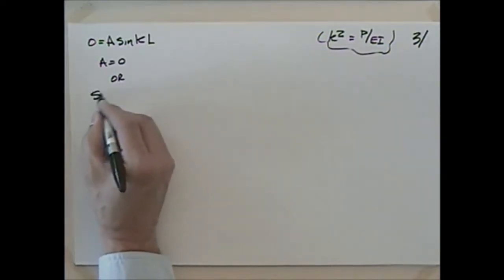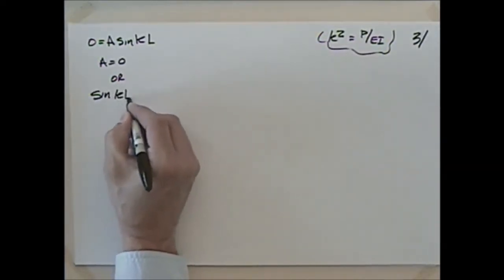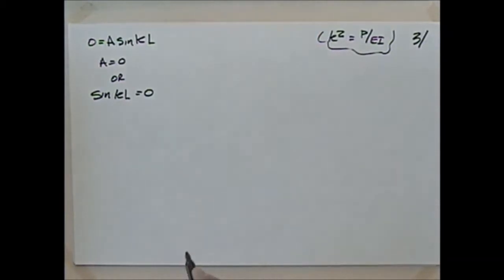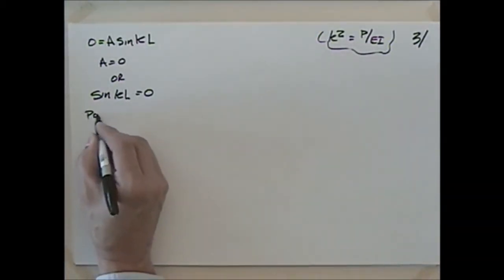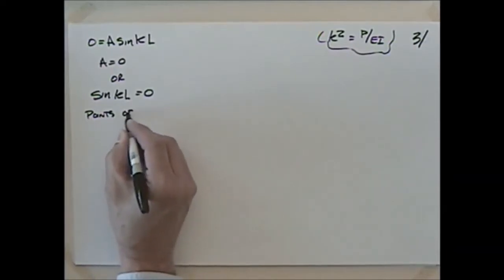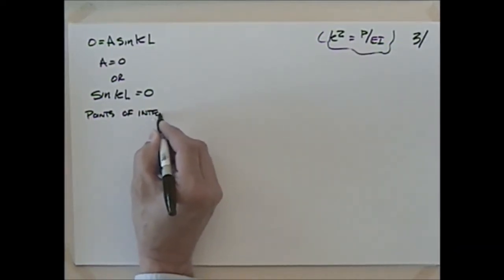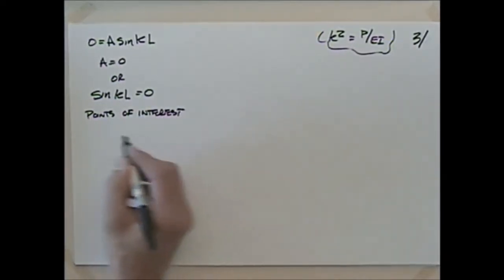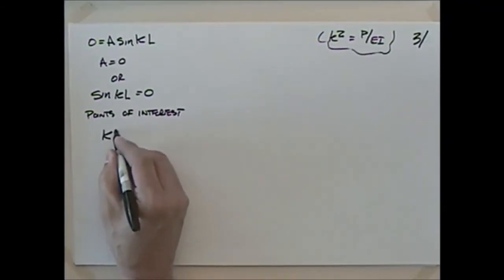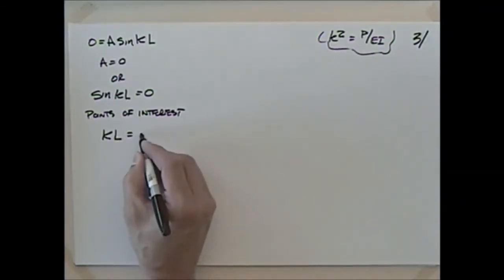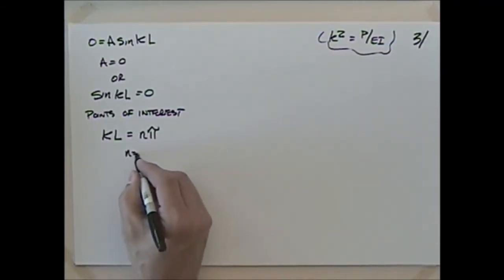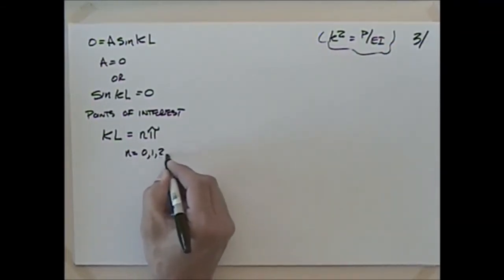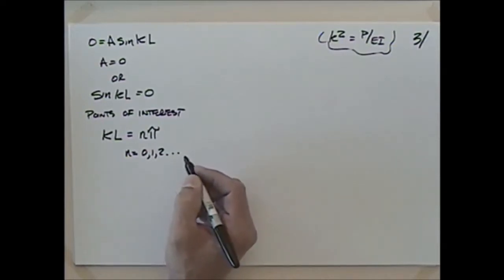Or I could say that the sine of K times L is equal to 0. That's more interesting because of the points of interest. So looking at the points of interest, there would be when KL is equal to what? Pi? Or maybe I should say n pi, when n is equal to 0, 1, 2, and so on.